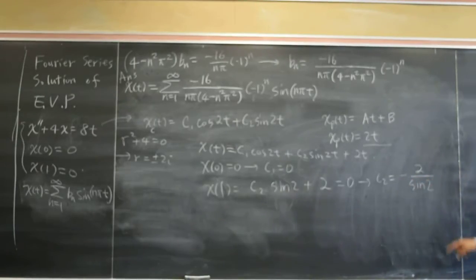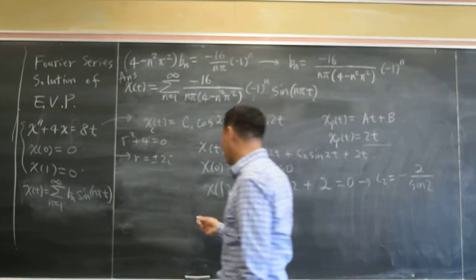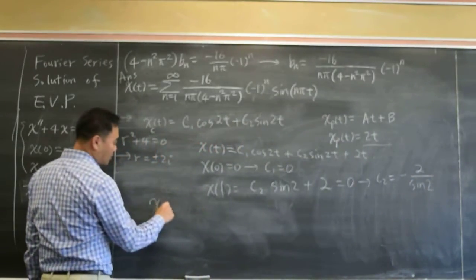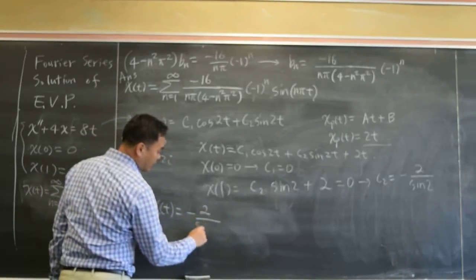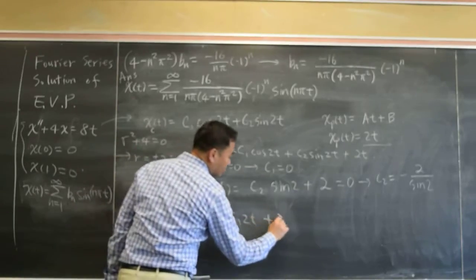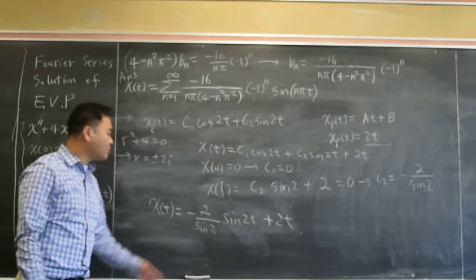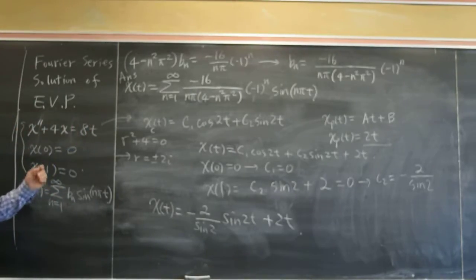And then when you plug that back in, c1 is 0, c2 is this, you get x of t equal to negative 2 over sine of 2 times sine 2t plus 2t. This satisfies the differential equation and these two boundary conditions.